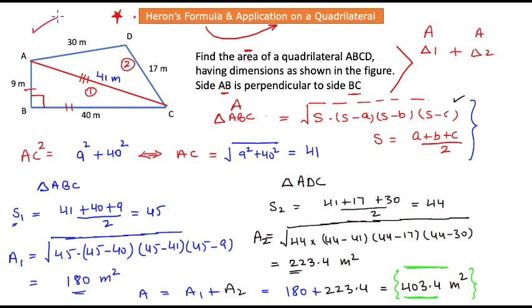Okay, and that is the objective in this exercise, and that is how useful Heron's formula could be in calculating the area of complex shapes. Okay, with that we will take a pause here, and that concludes our discussion on the module of Heron's formula and its application.